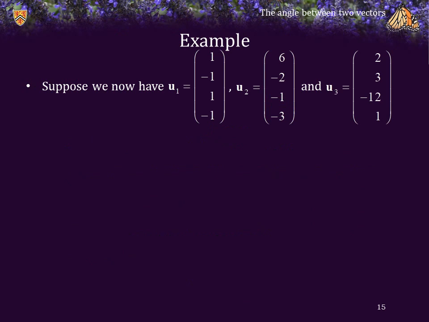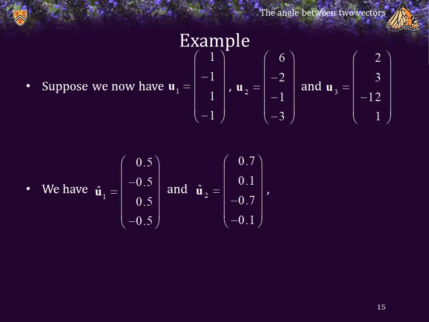Now, suppose we have these 3 vectors in R4. We have already applied Gram-Schmidt to the first 2 vectors, so we found the 2 unit vectors u sub 1 cap and u sub 2 cap. Thus, to create a collection of 3 unit and mutually orthogonal vectors, all we have to do now is apply Gram-Schmidt to u3.